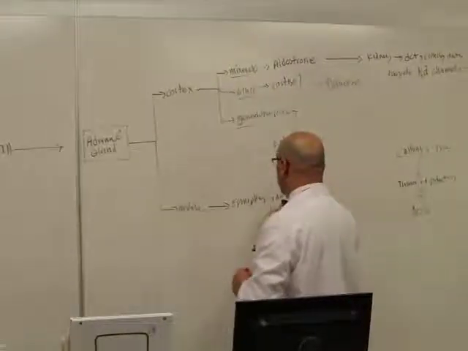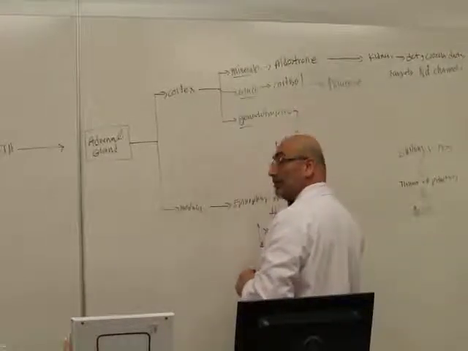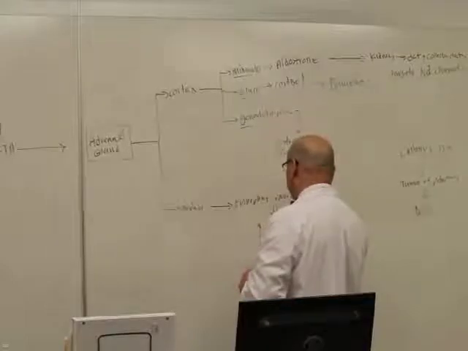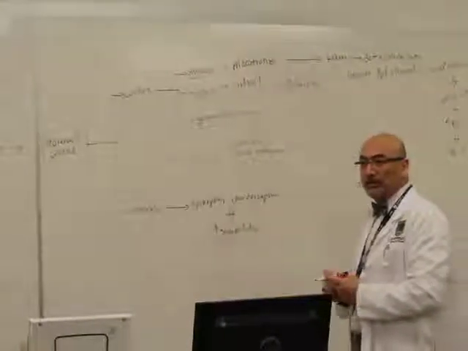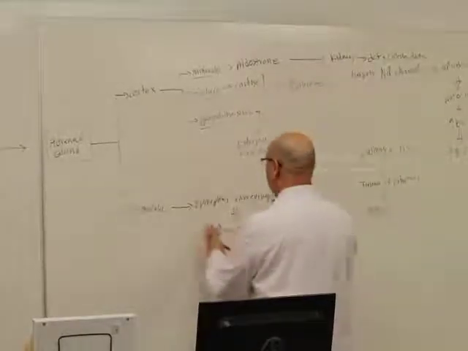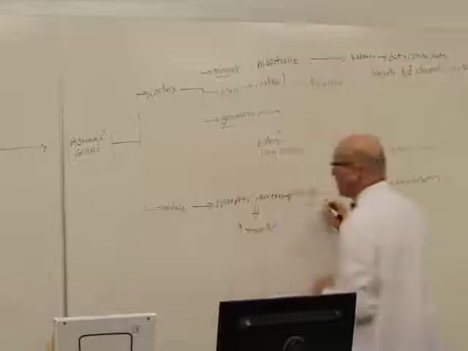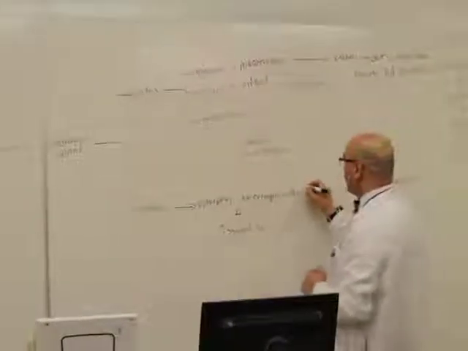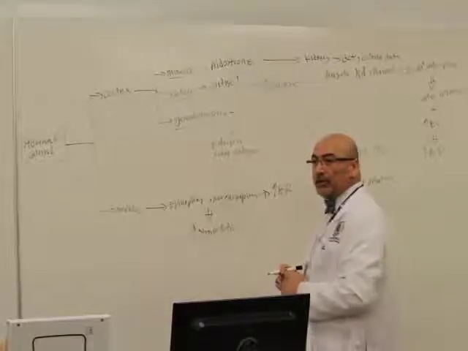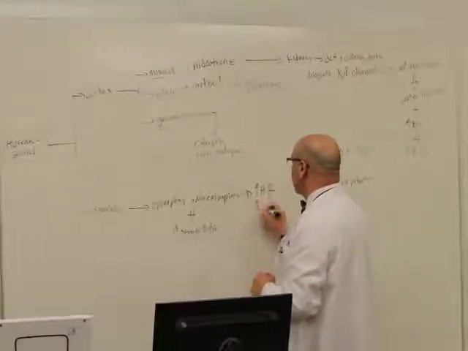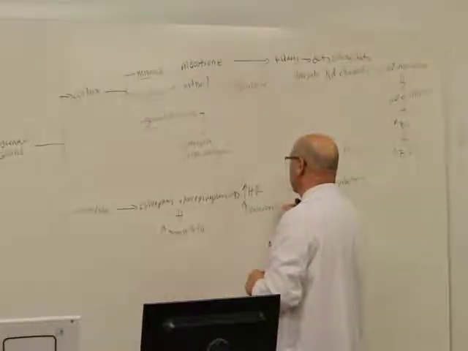What does that do? It will increase your sympathetic activity, right? So sympathetic activity, what does that mean? That means you're going to increase your heart rate, right? And then it increases vasoconstriction.